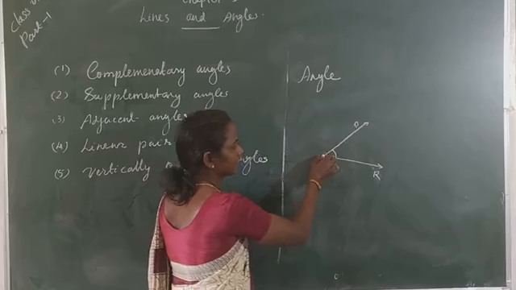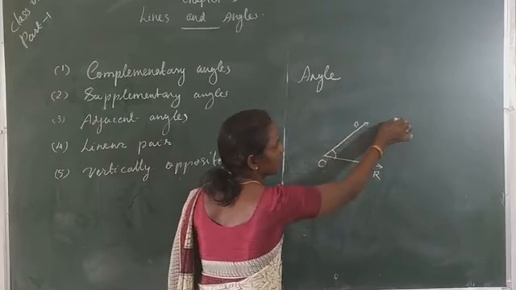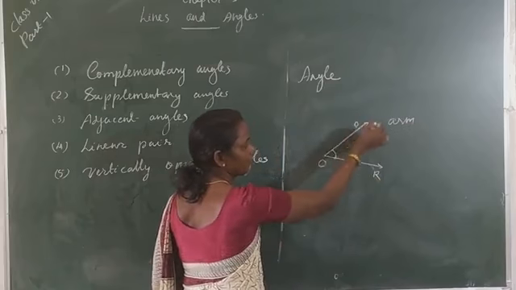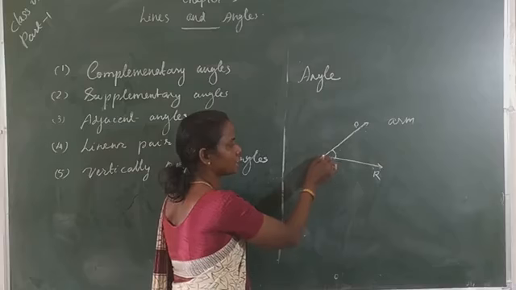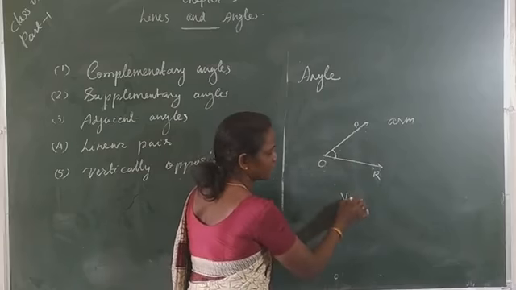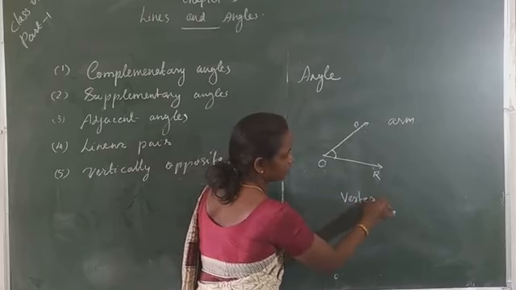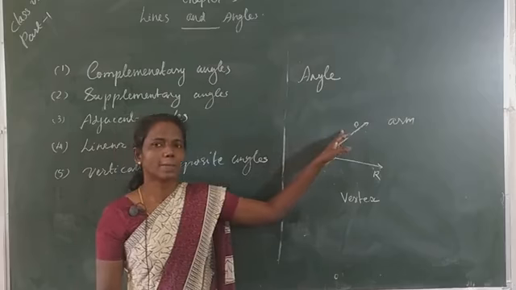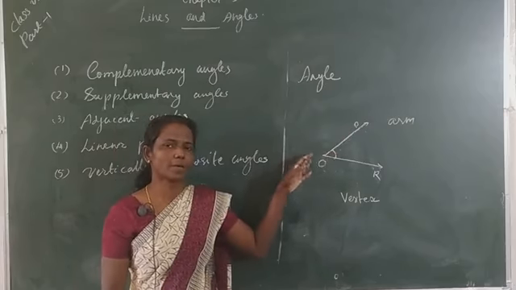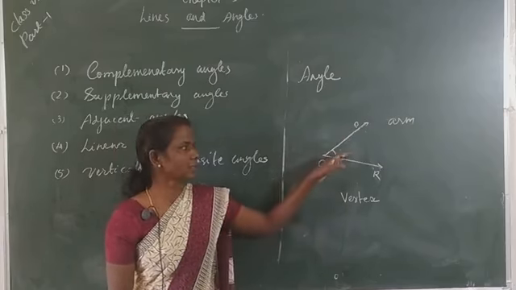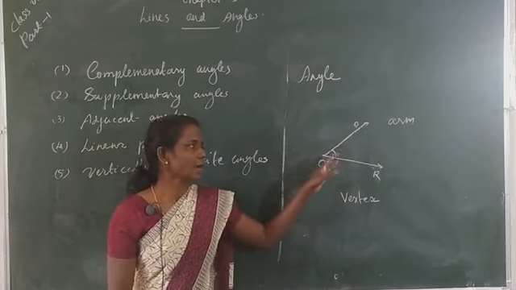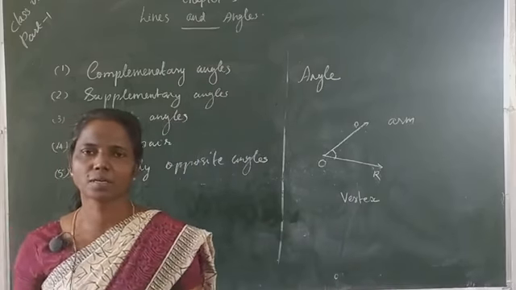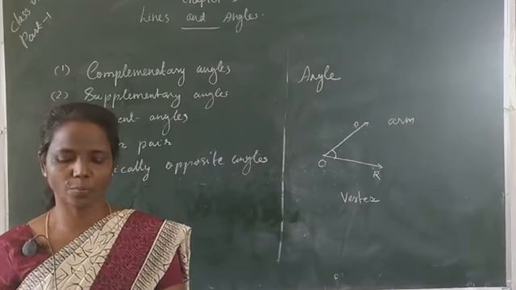Each ray is known as an arm, arm OP and arm OR, and this common point is known as the vertex. Is it clear?